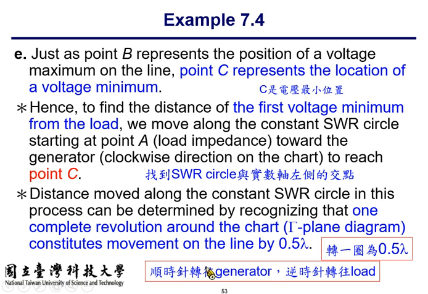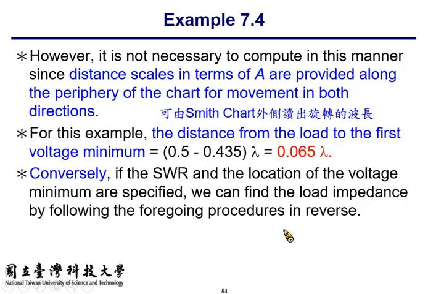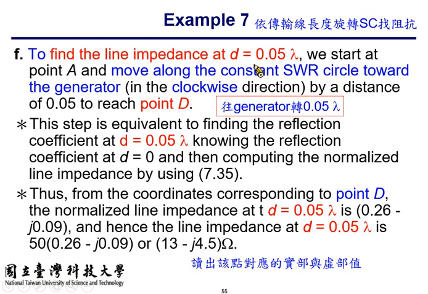you need to turn clockwise toward the generator, and the distance from the load to the first voltage minimum is this 0.065 wavelengths. If you move just 0.05 wavelengths, you will end at a point, the intersection, where the real and imaginary parts will be 0.26 minus j0.09.